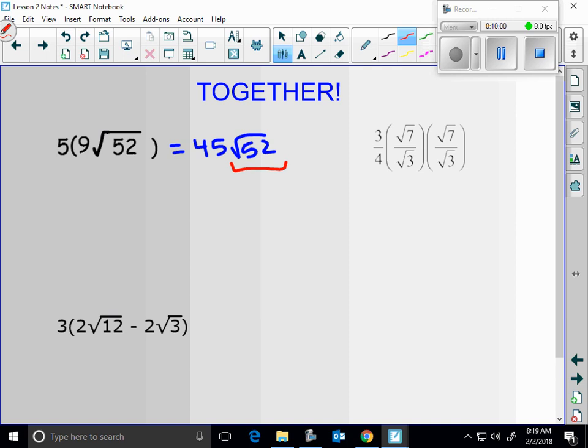How many times does 4 go into that? 4 goes into 48 12 times, so 13 times into 52. Okay, so 4 goes into 52 13 times. I like that. And I have 45 of those. Well, the square root of 4 is 2. So I have 2 root 13 times 45, and 45 times 2 is 90. Okay, cool, got it. Done.